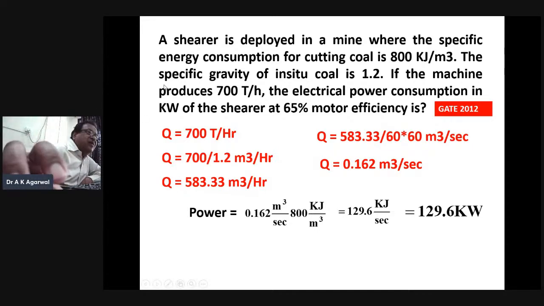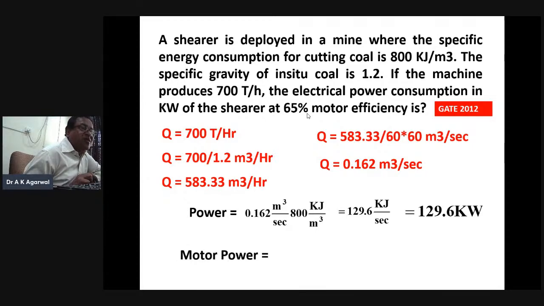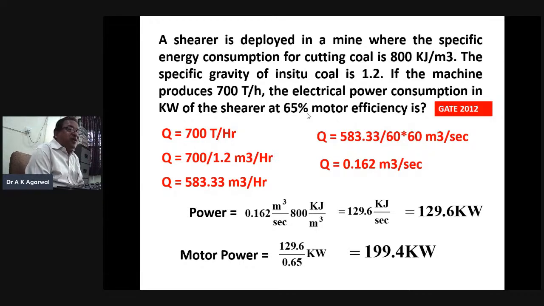But its efficiency is only 65%. So motor power is equal to 129.6 divided by 0.65, which is equal to 199.4 kilowatt. So even though 129 kilowatt power is required to cut the coal, the motor is not working at its full efficiency.